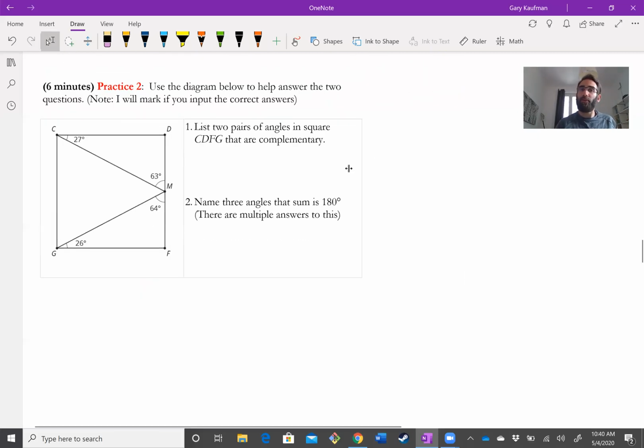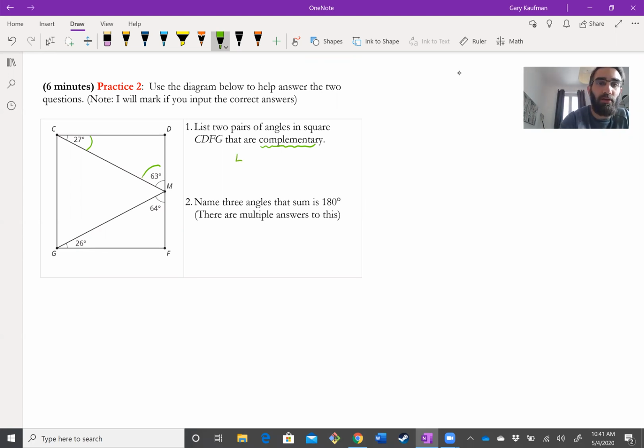Practice 2, go ahead. There are multiple answers to both of these. For example, complementary adds up to 90, and I see that 27 plus 63 is 90.